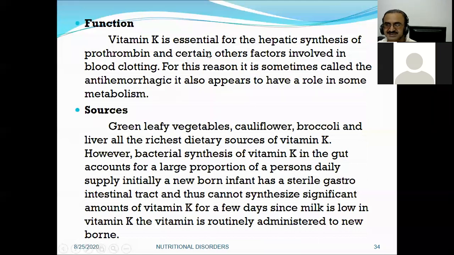Vitamin K is essential for the hepatic synthesis of prothrombin and certain other factors involved in the blood clotting system. It is sometimes called the anti-hemorrhagic vitamin. It also appears to have a role in bone metabolism. Sources I have told you.